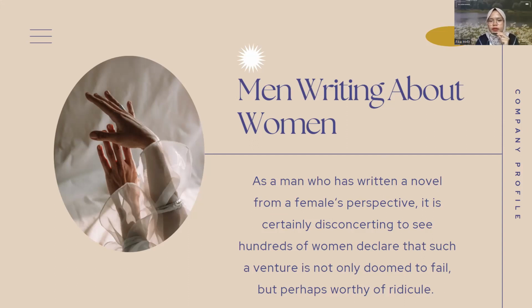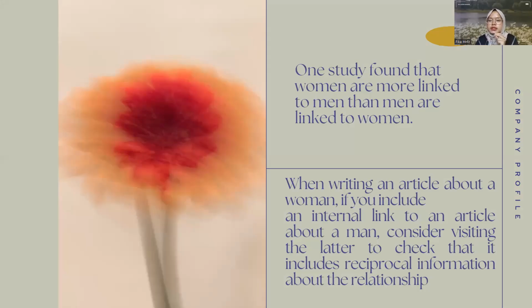So it is going to be hard if men write about women, but it is not impossible, if they meet the criteria that I explained before, like how to use images and how to use certain things in human literature. One study found that women are more linked to men than men are linked to women.